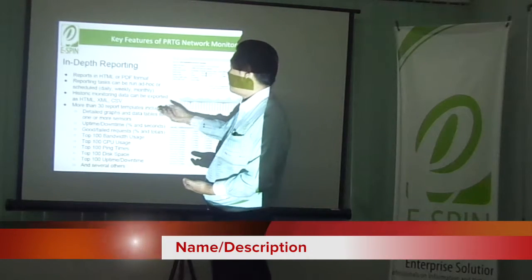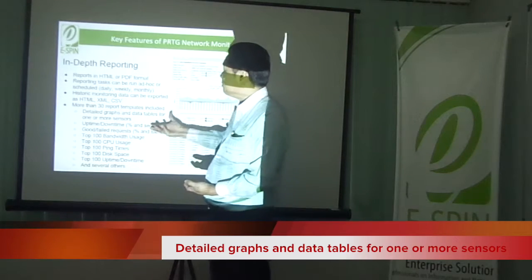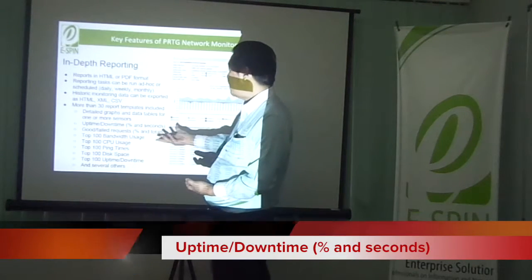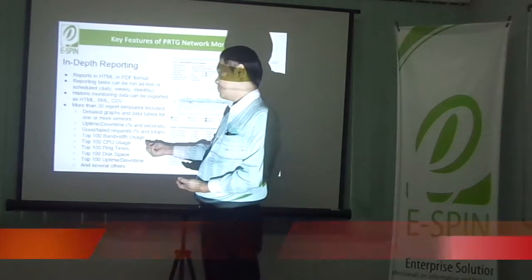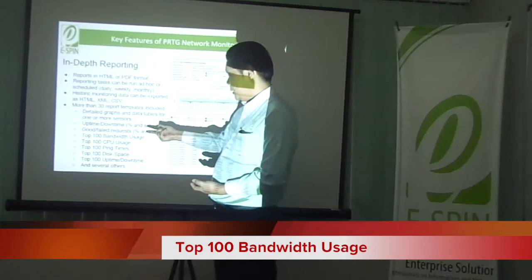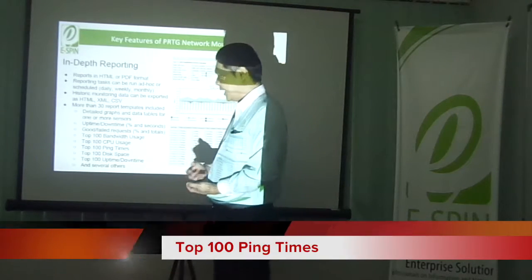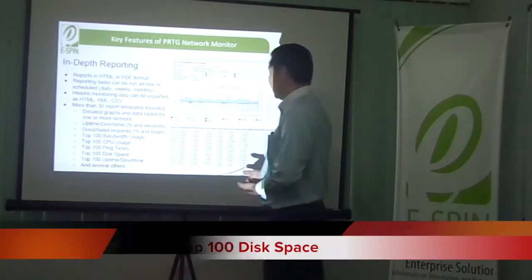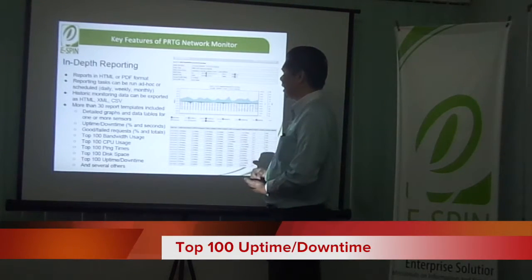More than 300 report templates include detailed graphs and data for one or more sensors: uptime and downtime by percent and seconds, good or failed requests, top 100 memory usage, CPU usage, ping time, disk space, and other common usage reports that you need to present, to cut short your time for report preparation.